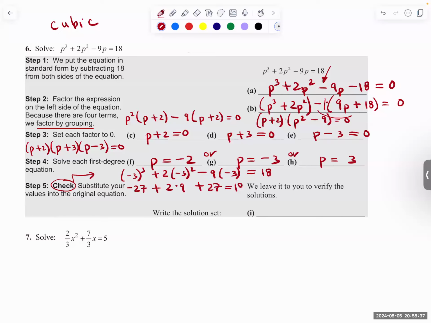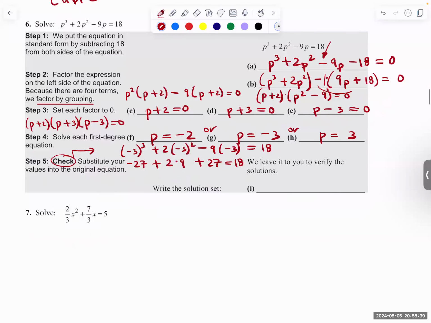Does that equal 18? So the negative 27 plus 27 is 0. We have 18 equals 18, which is a true statement. So the 3 solutions are negative 2, positive 3, and negative 3.